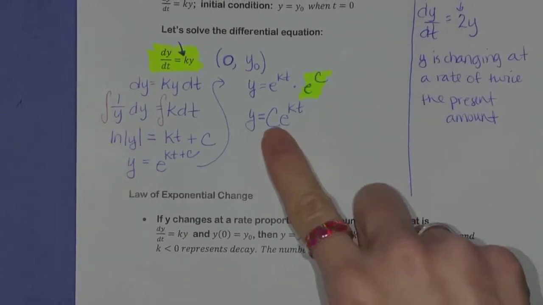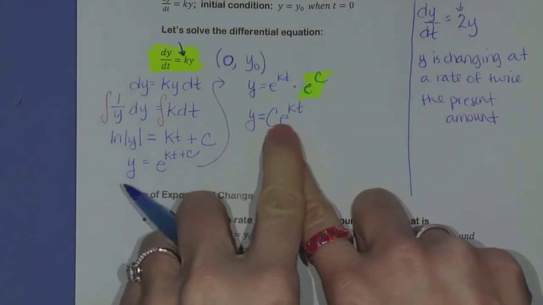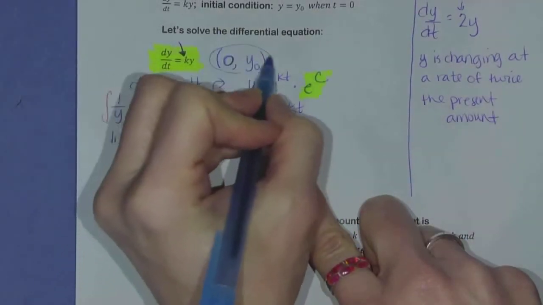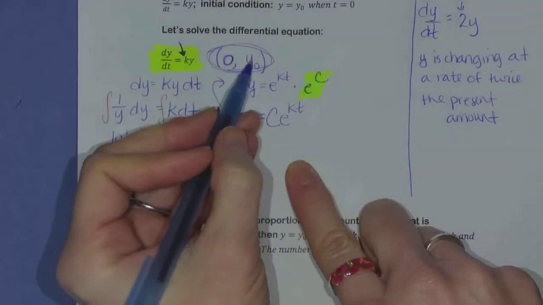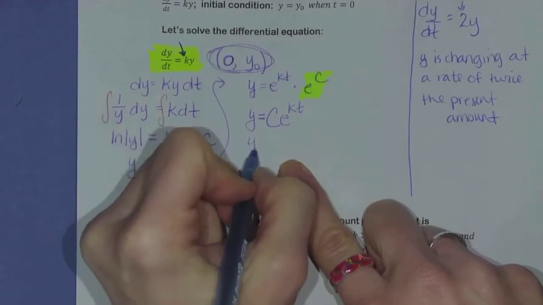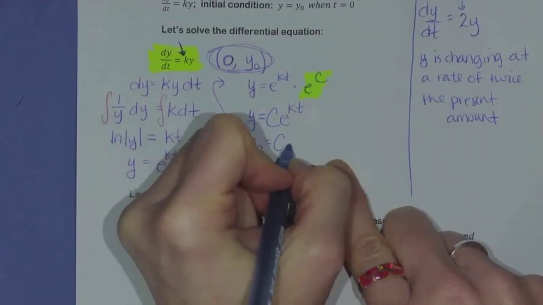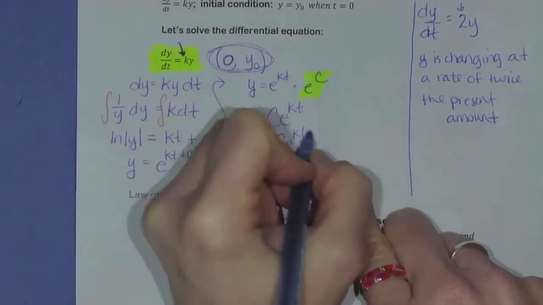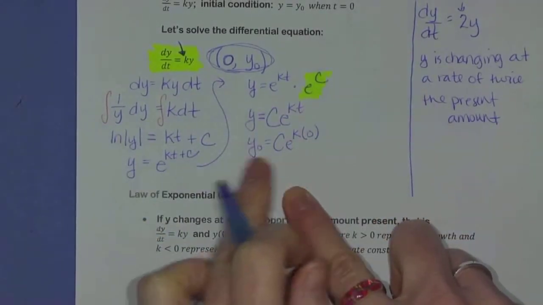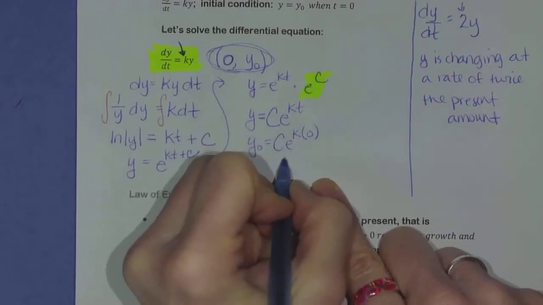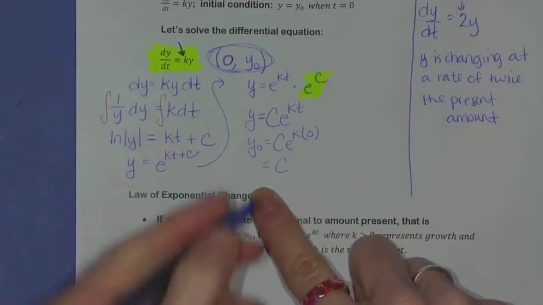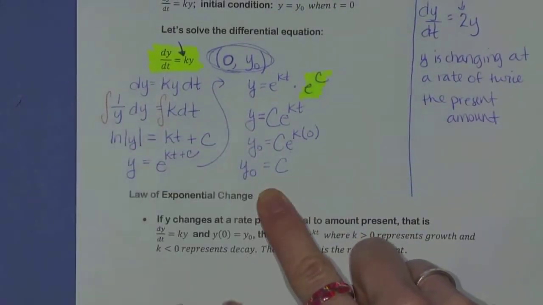Okay, now we will find our constant by using the point that we're given. So where the y is, I'm going to substitute y sub 0. And where the t is, I'm going to substitute 0. Solving this, e to the 0 power is 1, which just leaves me with C on the right, and y sub 0 on the left.